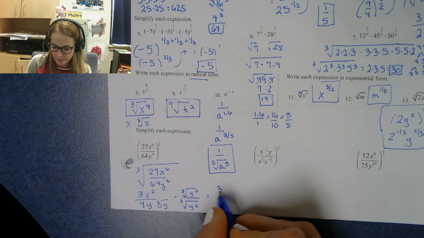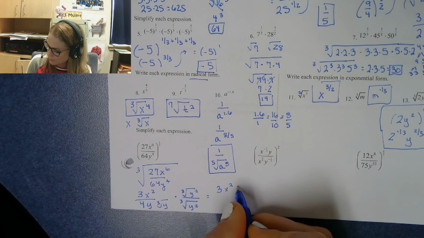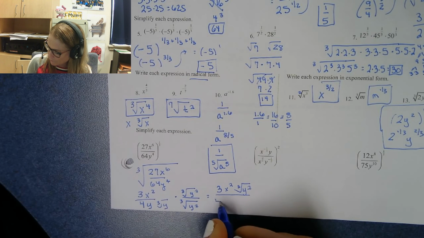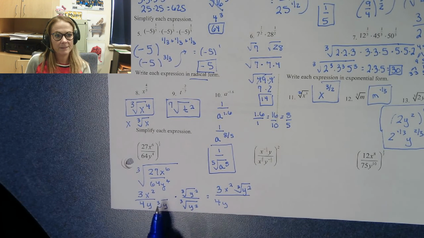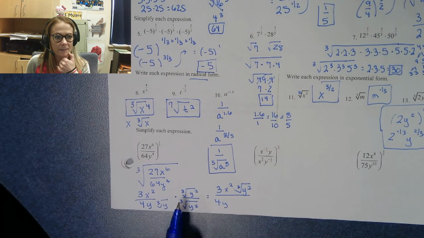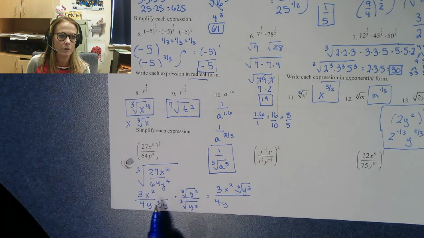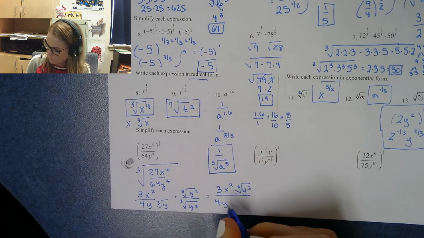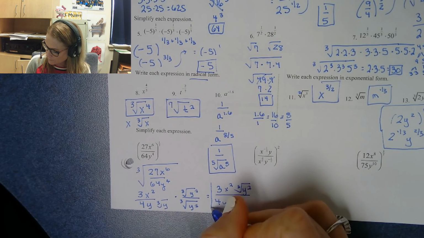So this numerator is 3x squared cubed root of y squared. This is 4y, and then this cubed root of y times this cubed root of y squared will all shake out to be the cubed root of y cubed. So the cubed root will negate the y cubed, and it will just reveal the base of y. So y times y is y squared.